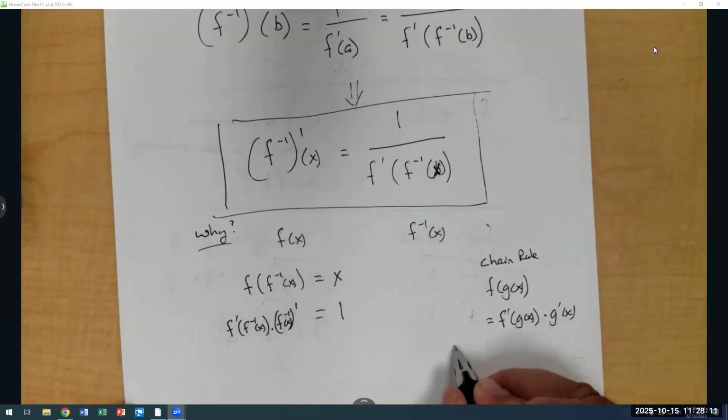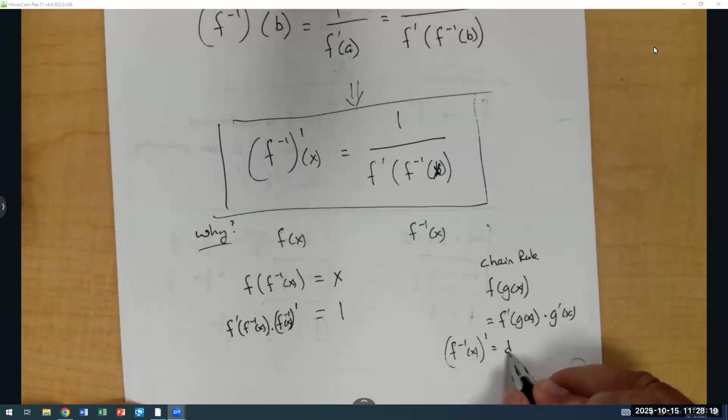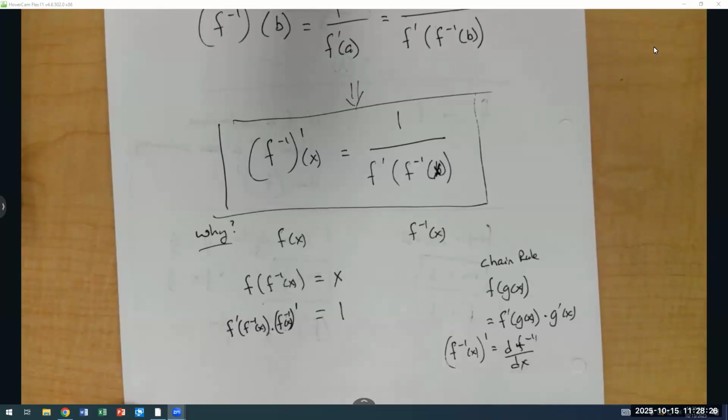So the derivative of the inverse can be written as dy inverse over dx.